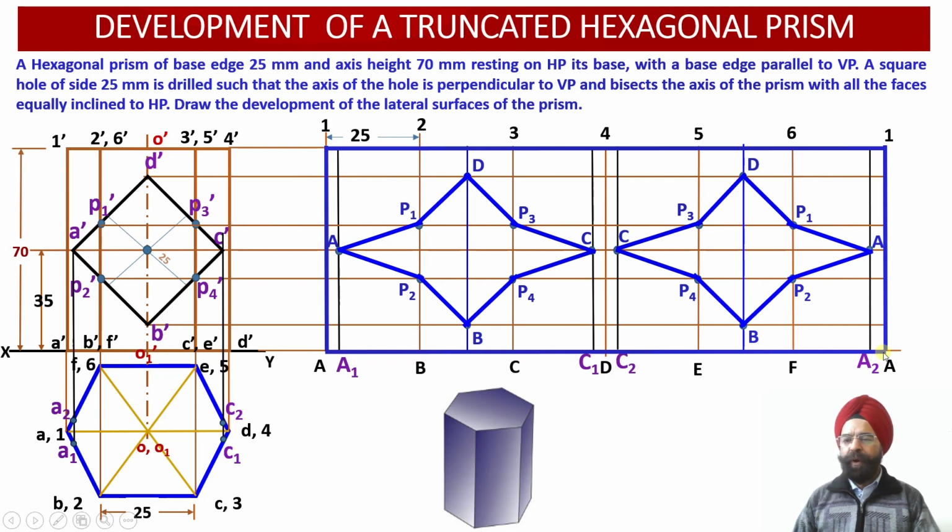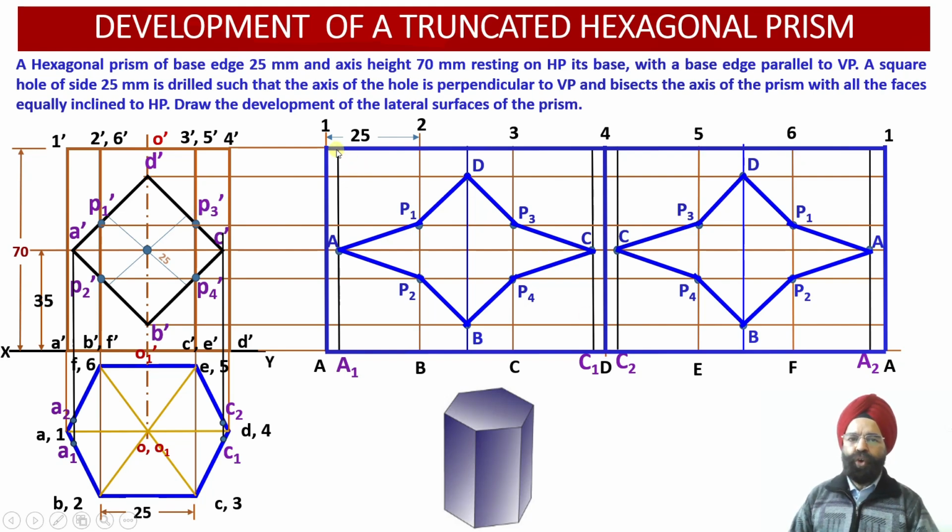We can join the boundary of this particular solid and we can check the 2 edges 1A and 4D have not been intersected by the square hole. So these 2 edges 1A and 4D will be left intact.